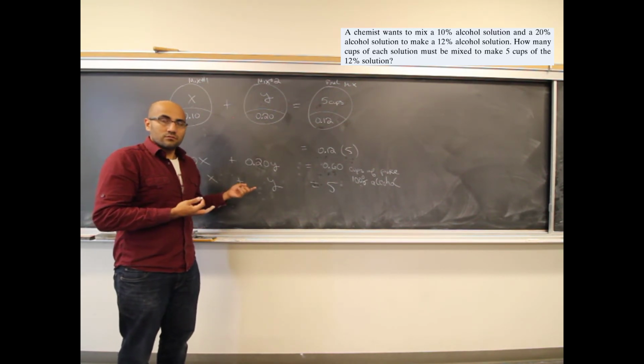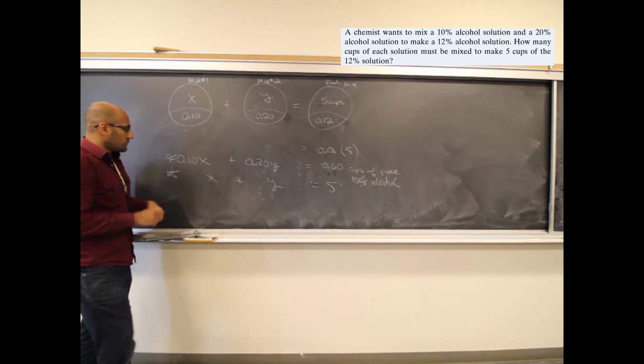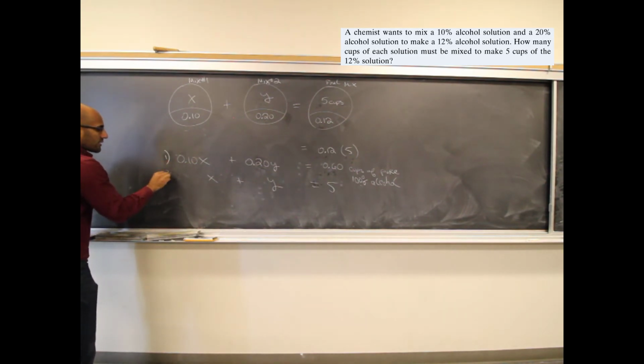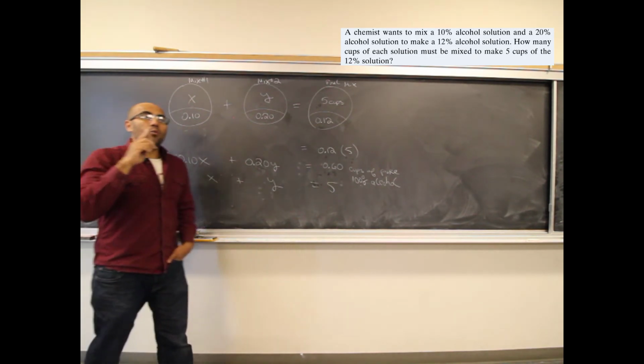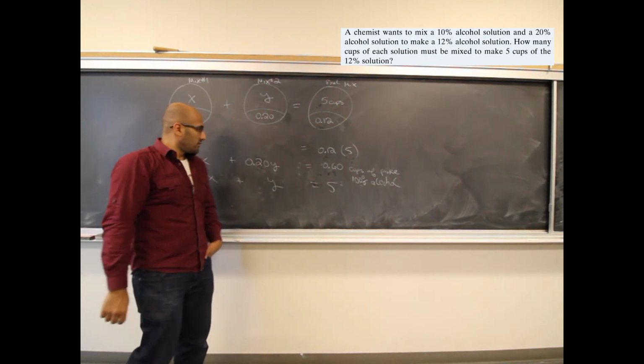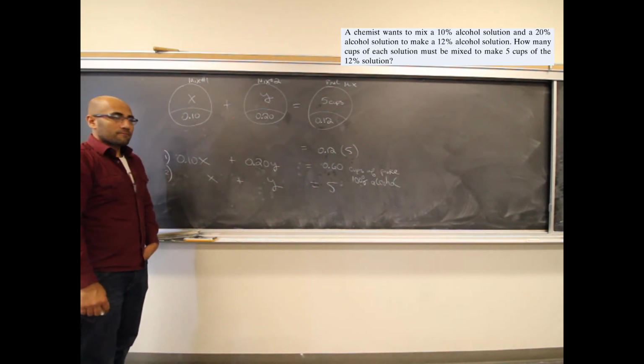Substitution? Yep. Okay, so if we're going to use substitution, we got to pick one of the equations, right? We got 2 equations, equation number 1, equation number 2. We got to pick one of the equations, solve for one of the variables, and then plug it into the other one. So what's the easiest thing to do? Pick equation 1 or equation 2?